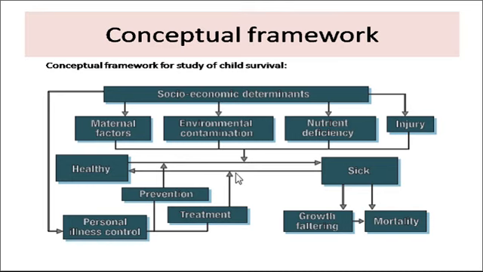Treatment is going to lead to healthy or sick. So this is how it is connected, this is how we are looking at the situations. Prevention and treatment are connected to making a child healthy or sick. So this is a conceptual model when we are looking at child survival.